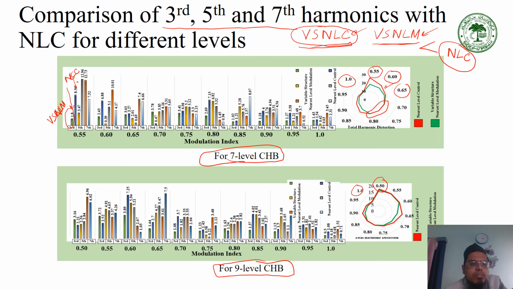Okay, so at 0.56 and 1.8. Similarly, for different modulation index, you could see in most of the cases, although there are some exceptions here where it is greater, in most of the cases you will find that the third harmonic and the fifth and even the seventh are less in case of variable structure nearest modulation compared to the nearest level control scheme.